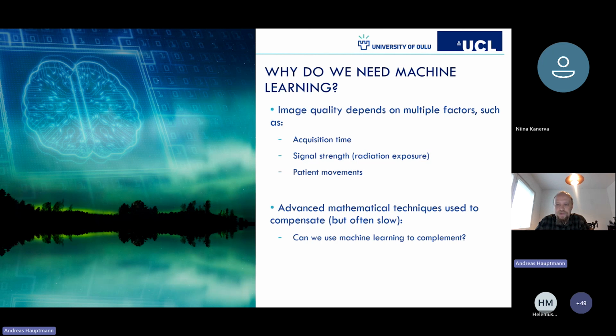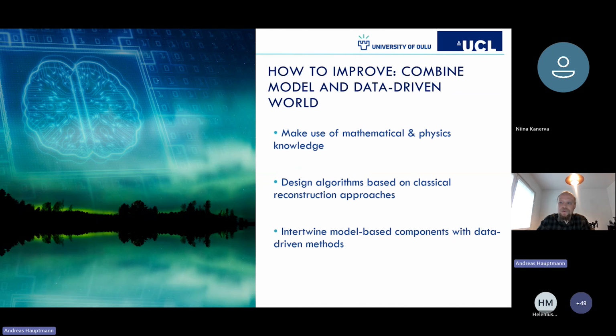Traditionally, we have used classic mathematical techniques to compensate for these factors, but many techniques tend to be slow, even though they are effective. They can also be computationally expensive and very involved to solve. So we could improve this, as we just saw, by using data-driven methods.